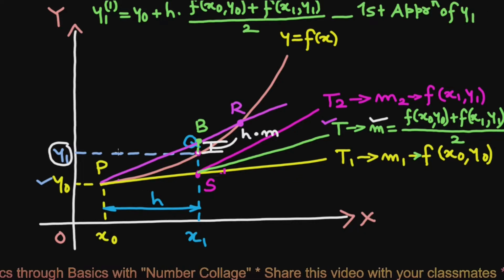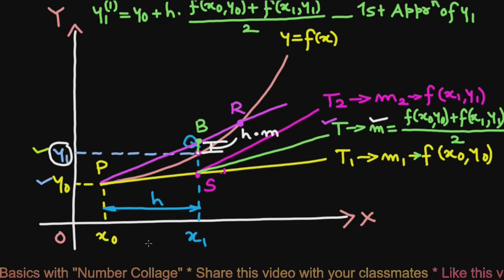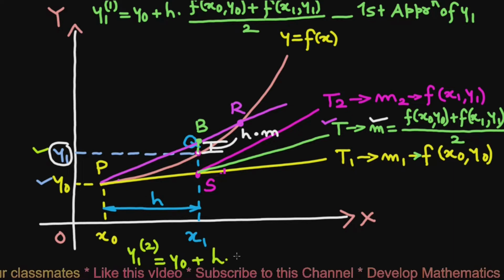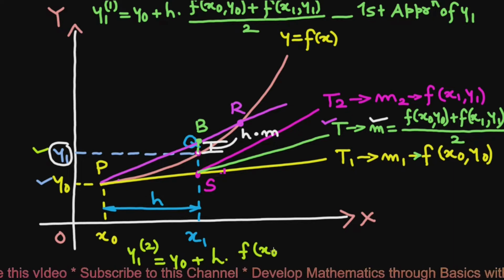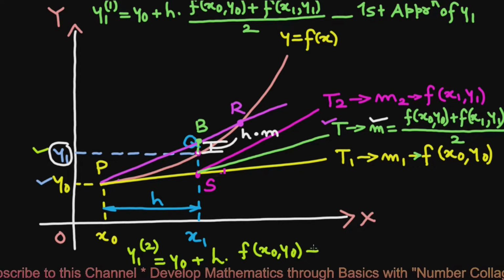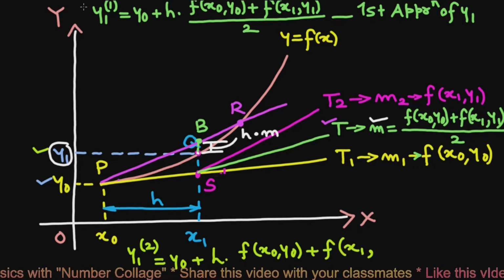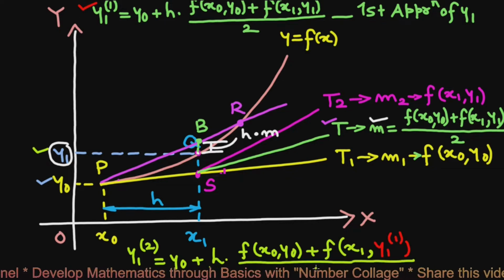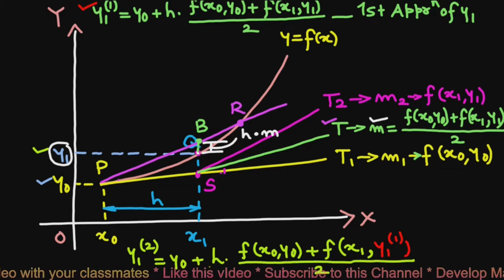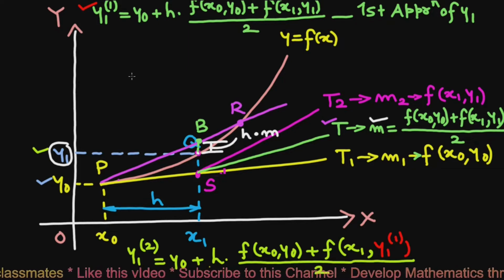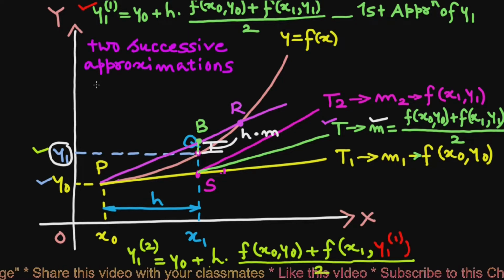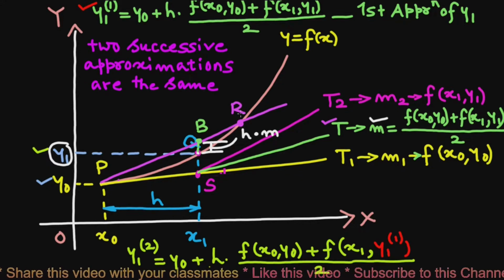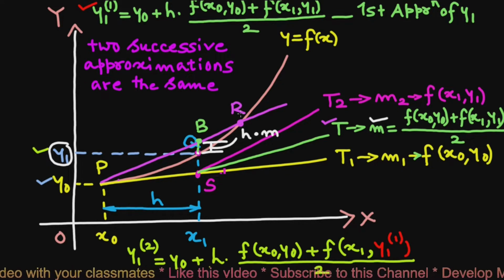For the second approximation of y1 we write y1 superscript 2 equals y0 plus h times f of x0 comma y0 plus f of x1, and here for y1 we substitute this value of y1 superscript 1, upon 2. We continue this process of approximation until two successive approximations are the same, meaning this is the closest approximation to the true value of y1.